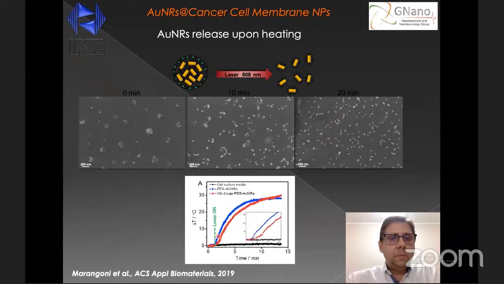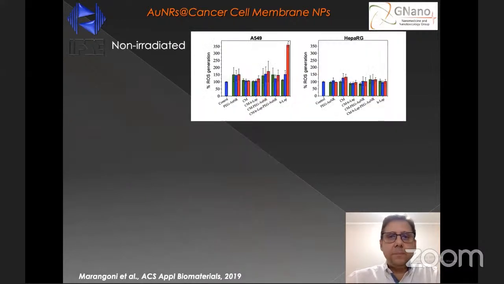Again, we show a typical heating curve, now using the nanocapsules. We can observe that in a few minutes we can increase the temperature of the nanocapsules by 10 or 20 degrees Celsius, which is enough for hyperthermia.